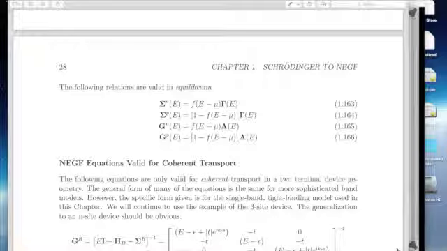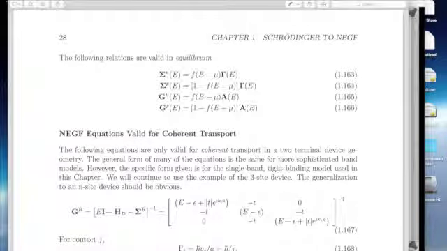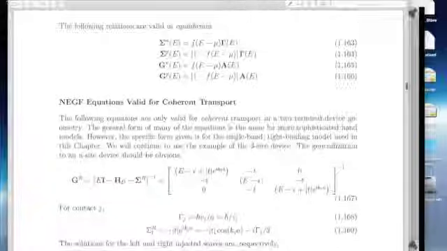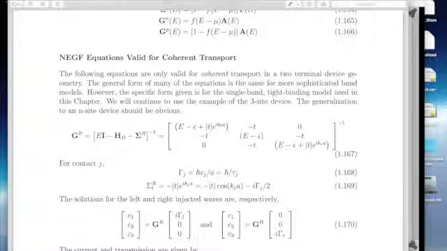Okay, and then, so everything up to now are just very general relationships that are far more general than our derivation. And then we get down to stuff that is only valid for coherent transport, such as this right here. This is only true for coherent transport because the only self-energy terms are coming in from the self-energies on the leads due to coupling to the leads.